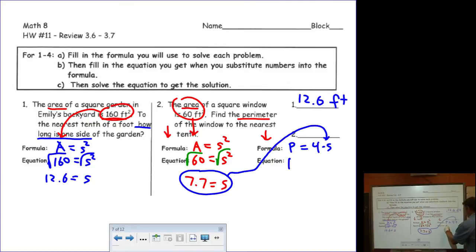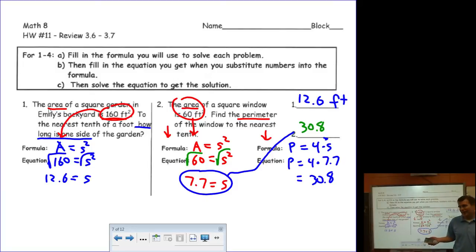And I would get perimeter equals 4 times 7.7. And 4 times 7.7 is 30.8. So my perimeter is going to be 30.8.